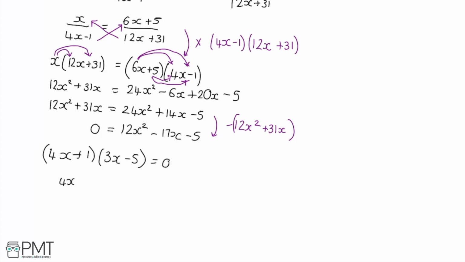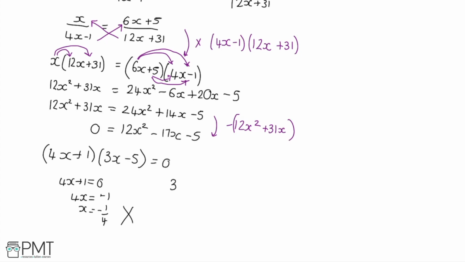So if we have 4x plus 1 is equal to 0, 4x is equal to minus 1, x is equal to minus a quarter. However, we originally had a side length which was x, and you can't have a negative length, so we know that x cannot be equal to minus a quarter.